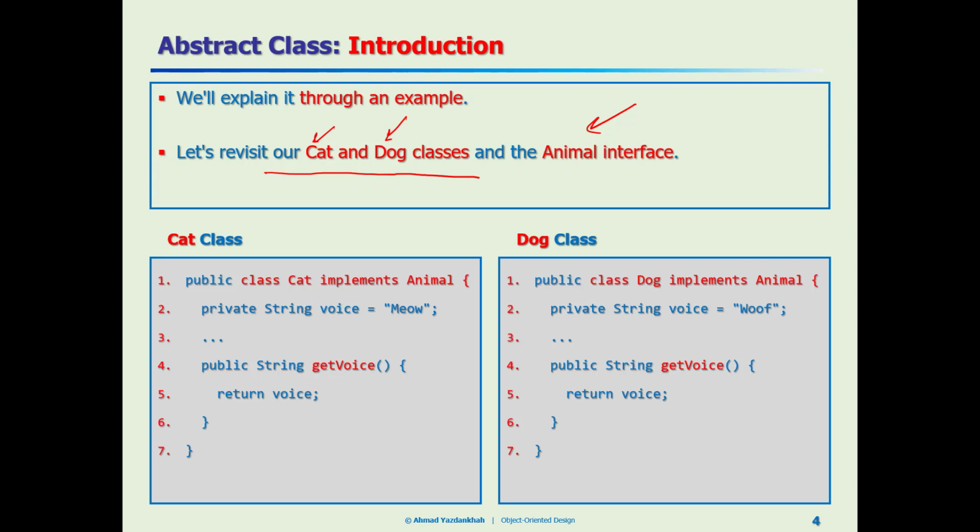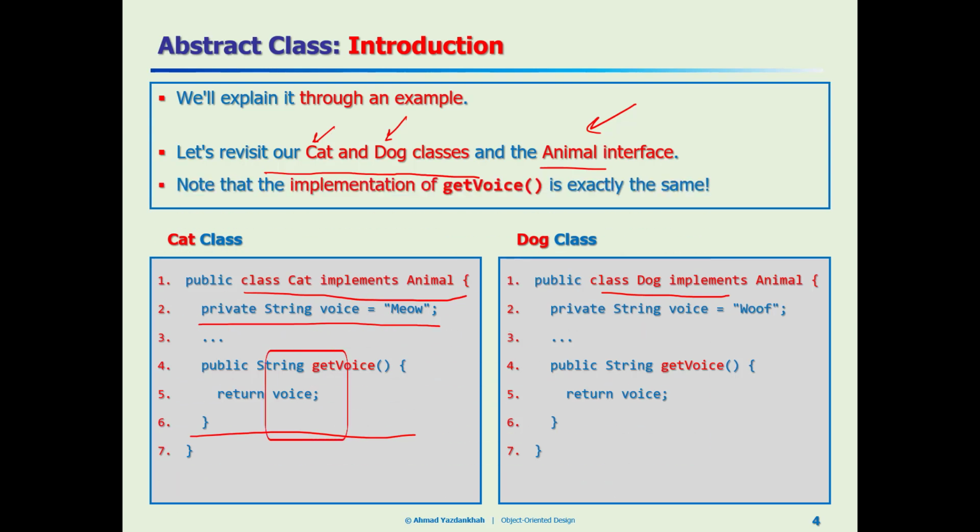The cat class, as you see, implements the animal interface, and it has one instance variable and one implemented method, get voice. And the same thing in the dog class.